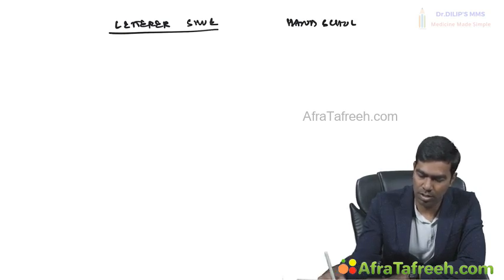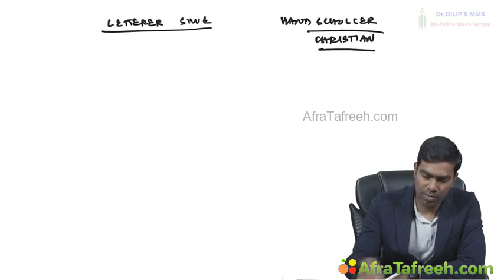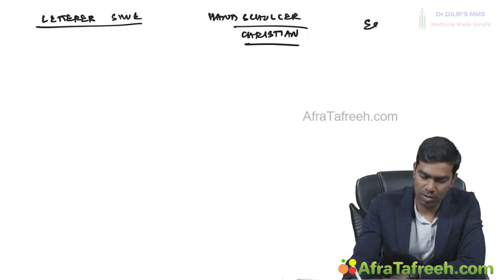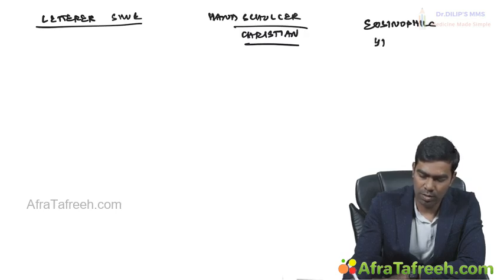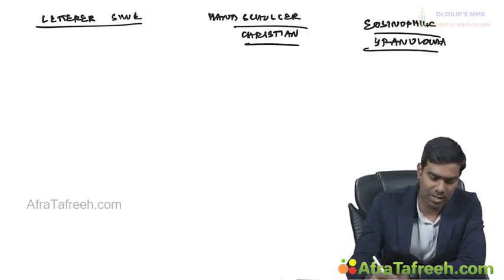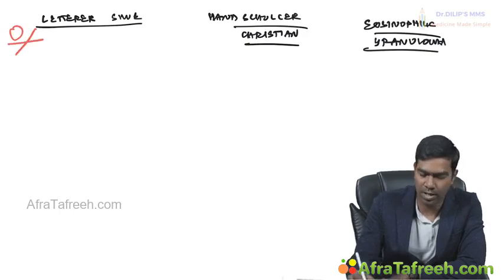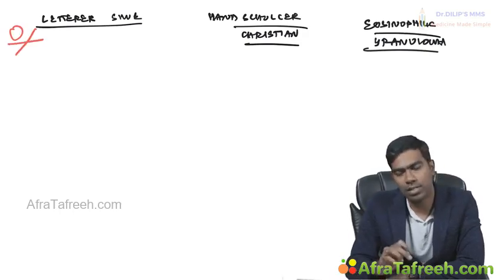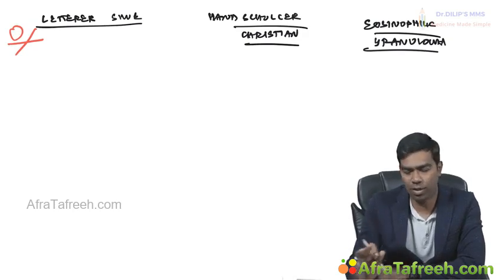And third one, you have something called eosinophilic granuloma. So these are the 3 pictures that were the old classification. Please do understand that these classification systems are outdated and we are not going to use them anymore. Just for the sake of exams, I'm discussing all these things.